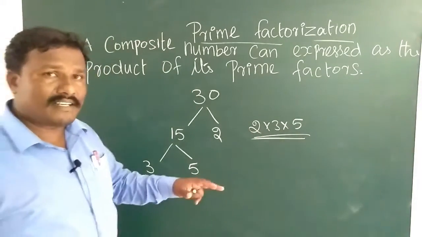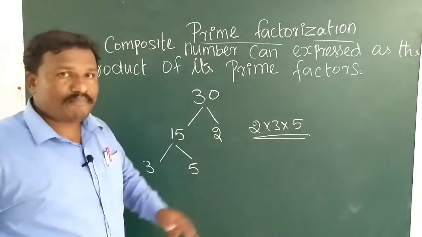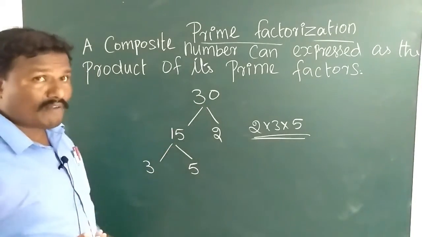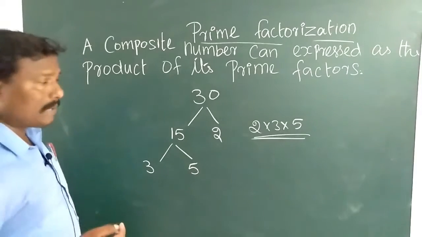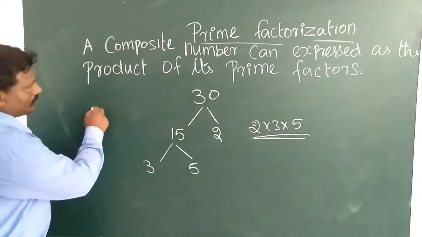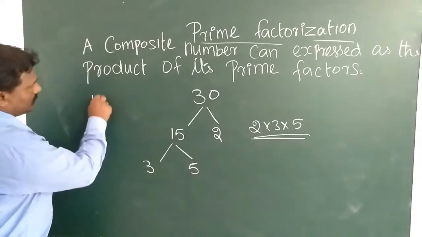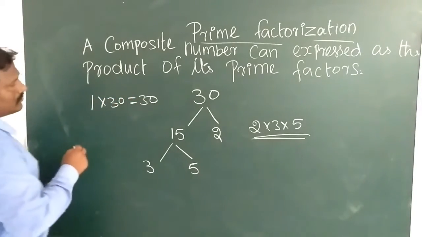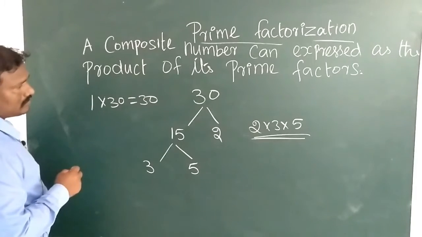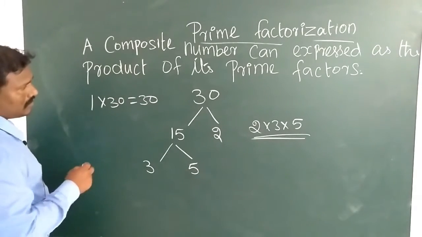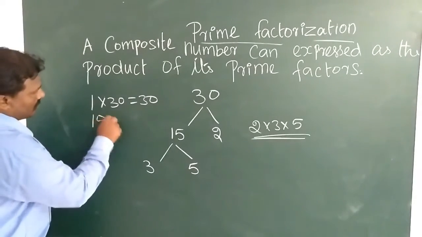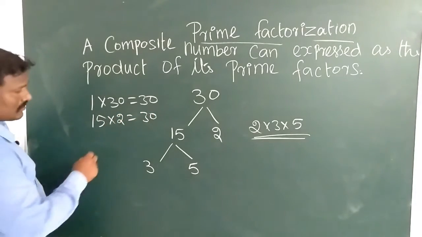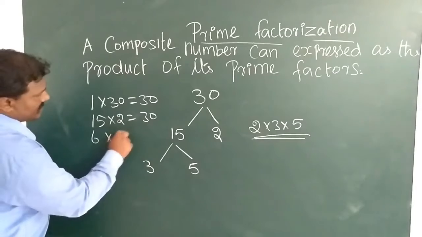We can't write a composite number as a factor here. For example, I will tell you, for 30 we can find more factors. For example, 15 into 2 is equal to 30. 6 fives are 30.